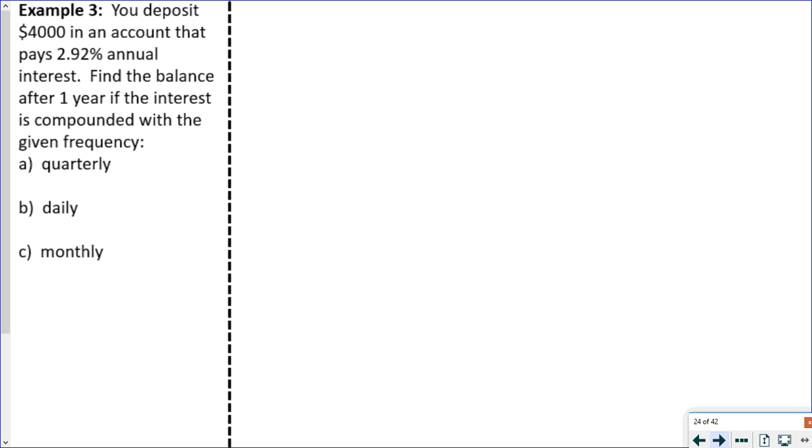So example 3, you deposit $4,000 in an account that pays 2.92% annual interest. Find the balance after 1 year if the interest is compounded with the given frequency. So we've got 3 different frequencies that we'll use. For this one, in all of A, B, and C, the principal is the same.